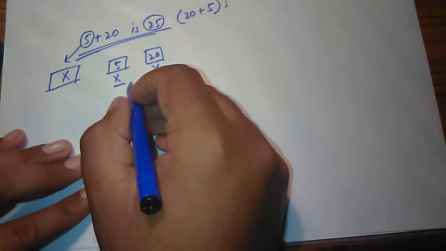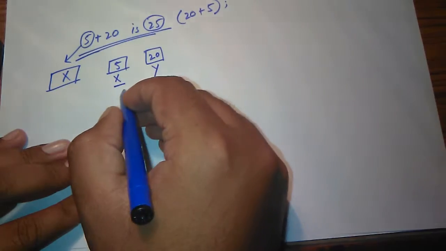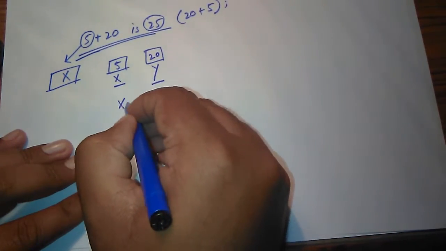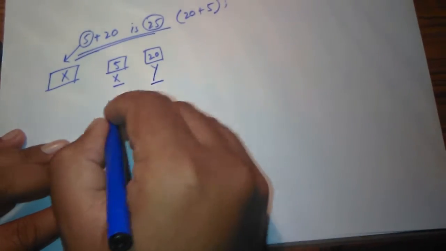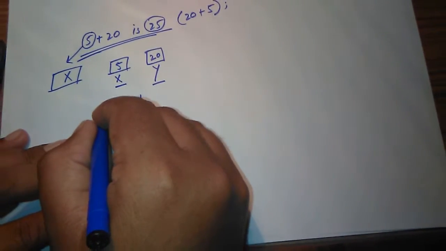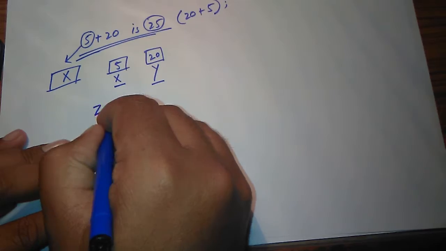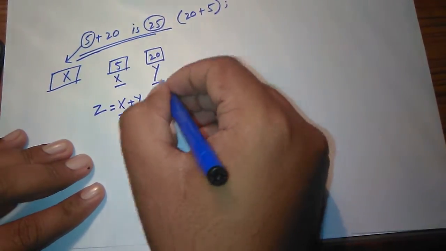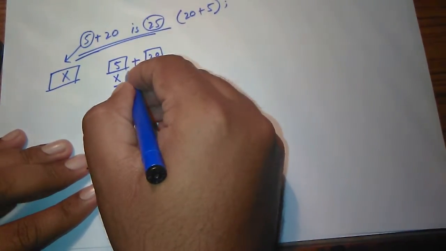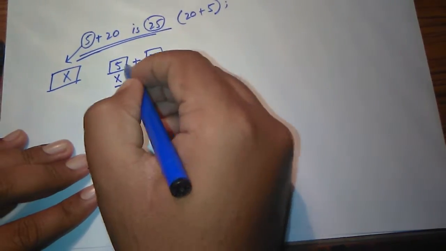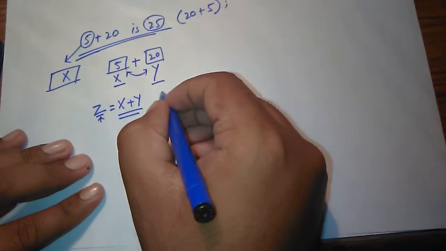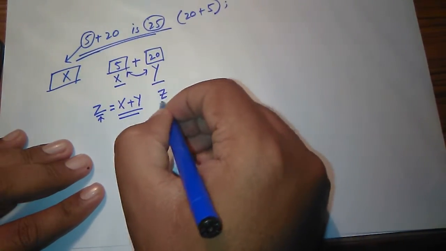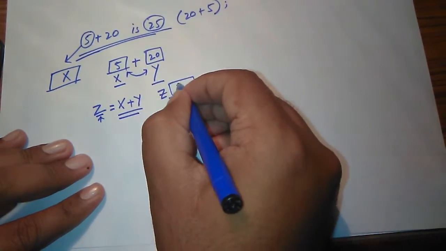Now I can add them by saying x plus y. The result will be stored in some other variable, for example z. So the addition processor will add these two variables and store the result in a new variable with the name z.